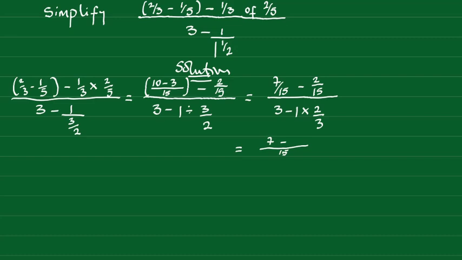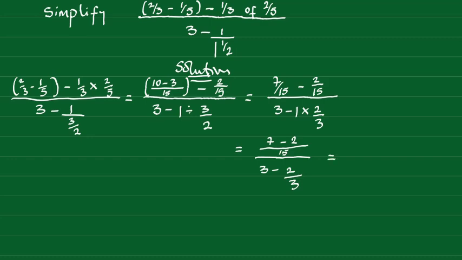Minus 15 into 15, 1. 1 times 2, 2. Okay. At our denominator, we have 3. 1 times 2 gives us 2. So we have 3 minus 2 over 3. We continue with our solving.